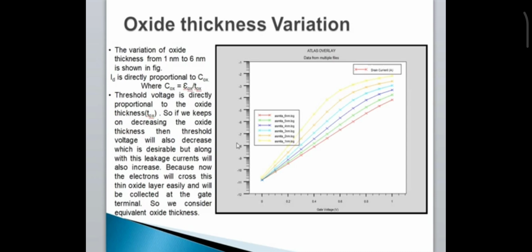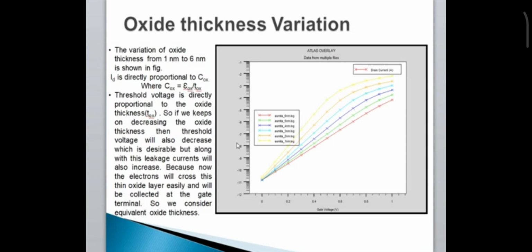This equation shows that the drain current is directly proportional to the dielectric constant of oxide and inversely proportional to the thickness of the gate oxide material. This means if you are increasing the oxide thickness, it will reduce the drain current value. One more thing, it is important to note that the threshold voltage is directly proportional to the oxide thickness.